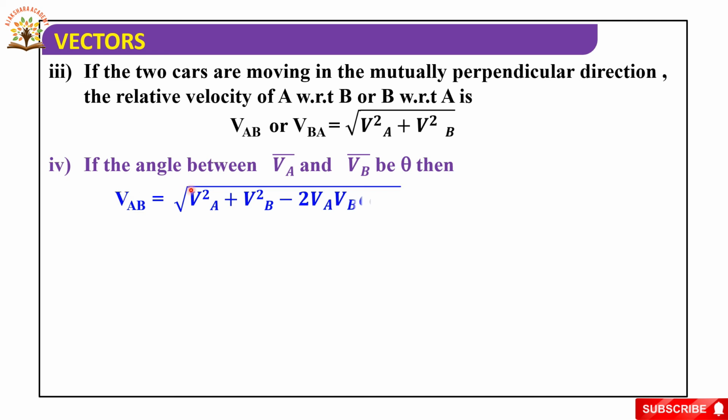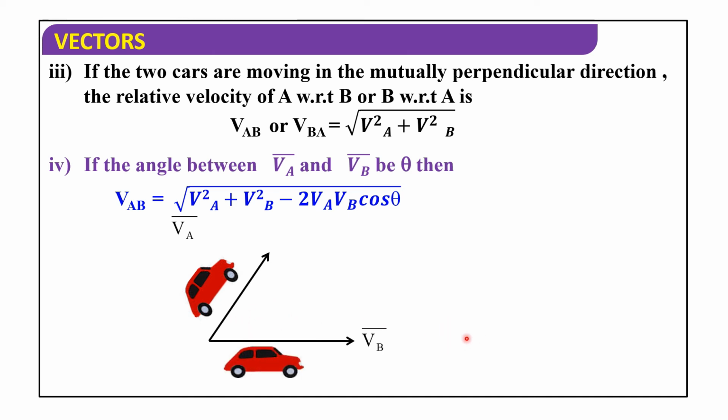If the angle between VA and VB is theta, then VAB is equal to the square root of VA square plus VB square minus 2 VA VB cos theta. Here one of the cars is moving with VA bar and the other with VB bar. Then the angle is theta.